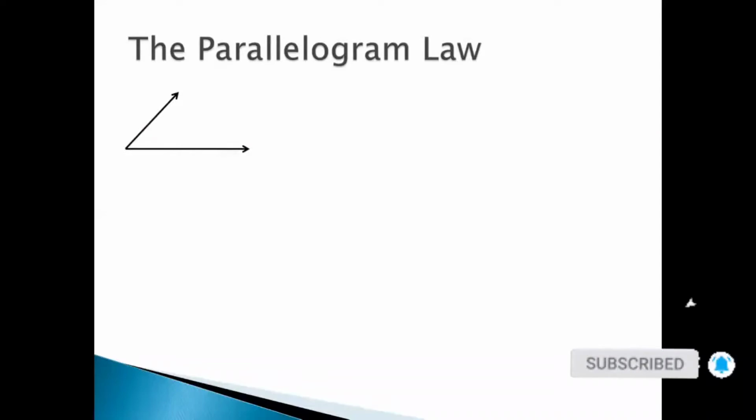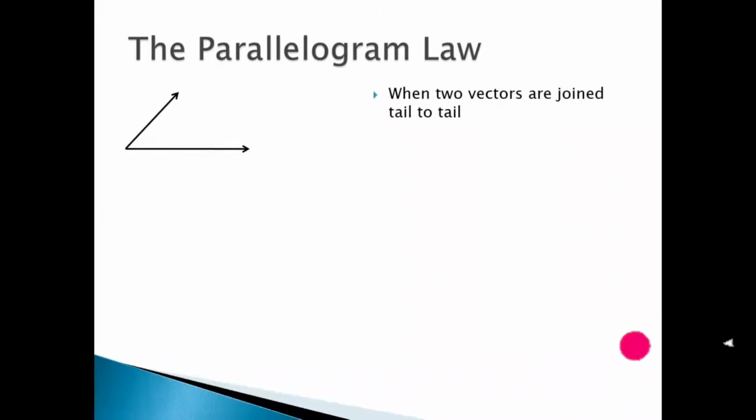There are also laws in representing vectors, depending on kung paano sila nag-connect, how they are connected. Example on our diagram, the connection is tail to tail.